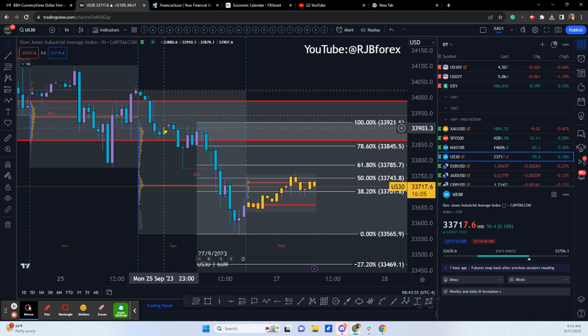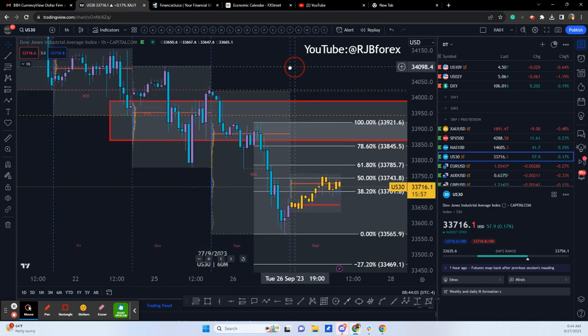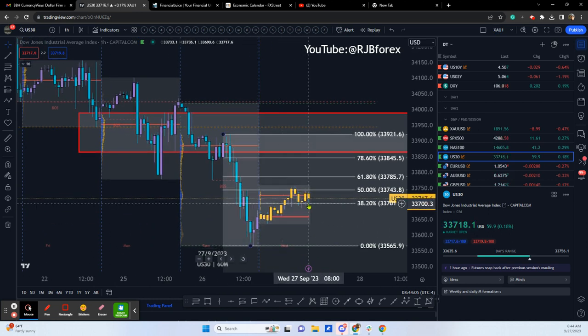We dropped, consolidated, dropped, and now we're creeping up into that drop. What I'd like to see before the Wall Street Open is a move lower to retest yesterday's closing price, and from there a rally. That would be awesome.